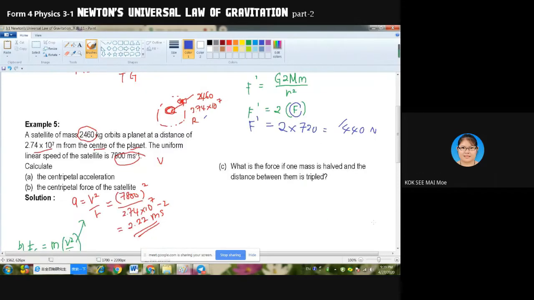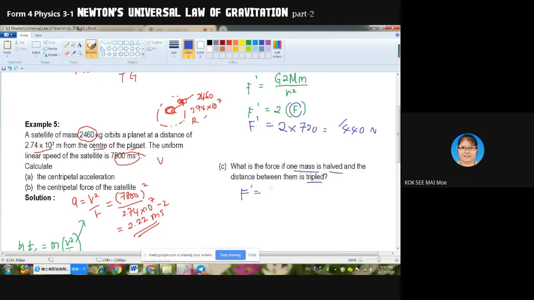Okay, then we follow by B. What is the force if the mass is half and the distance between them triple? Triple already. Now I write the formula again. F prime. Okay, then now you are half.